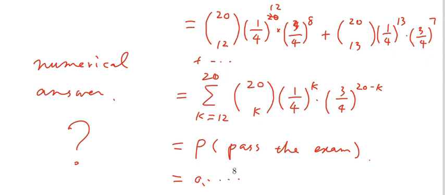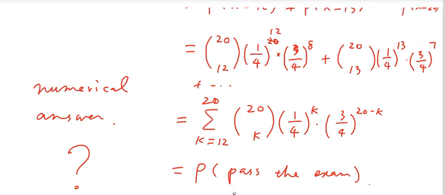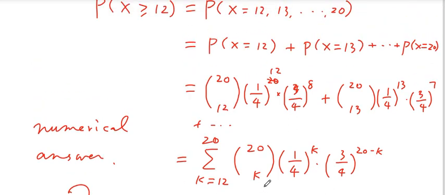We could use a calculator, but first, we have too many terms: 12, 13, 14, too many calculations. The other problem is that even with a calculator, we actually cannot do those calculations, because those numbers are too big and those numbers are too small.